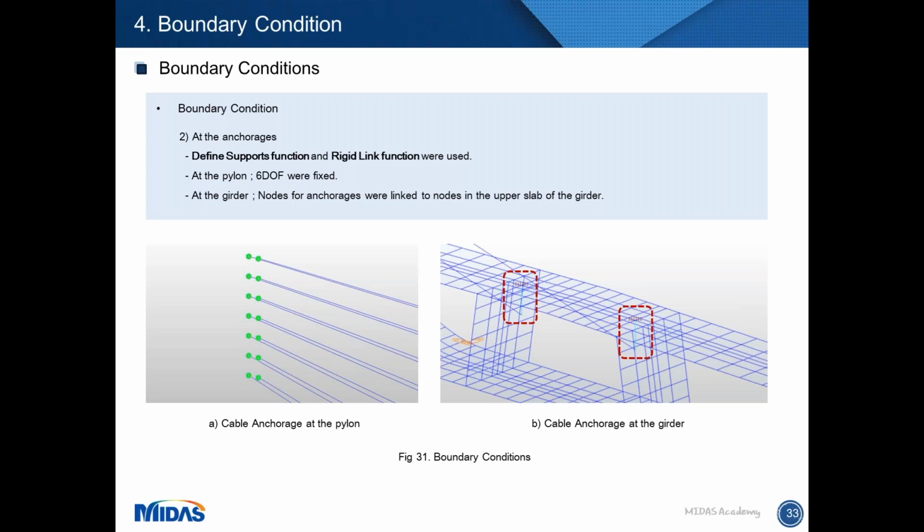Additional boundary condition options were applied to the cable anchorages. First one is the cable anchorage in the pylon. I supposed cable anchorages are fixed for all directions. And the anchorages at the girder were connected to the upper slab using a rigid link.